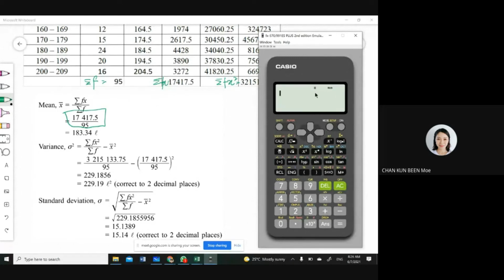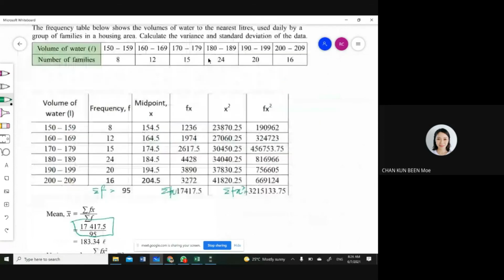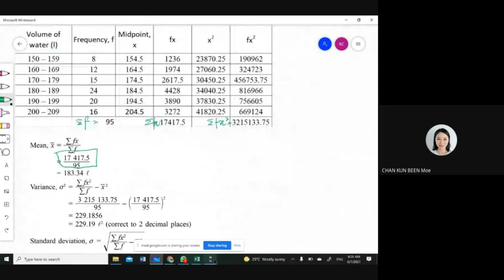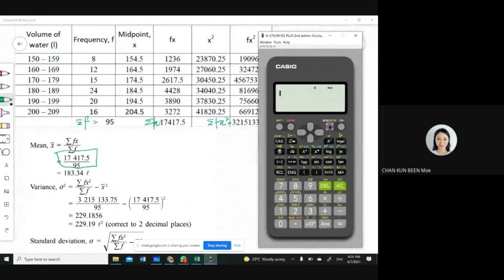When you want to insert the data, from the table given, we directly use this table, easier for us to see. So you press Mode, you can see STAT here, represented by number 3. We are going to choose 3, and then you can see there are a lot of things displayed.